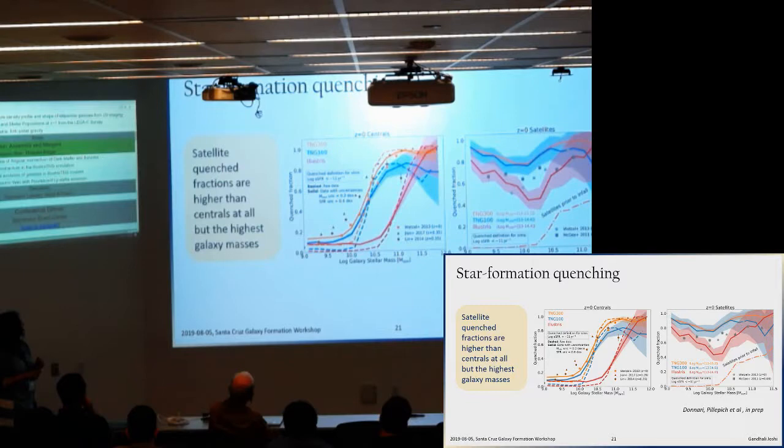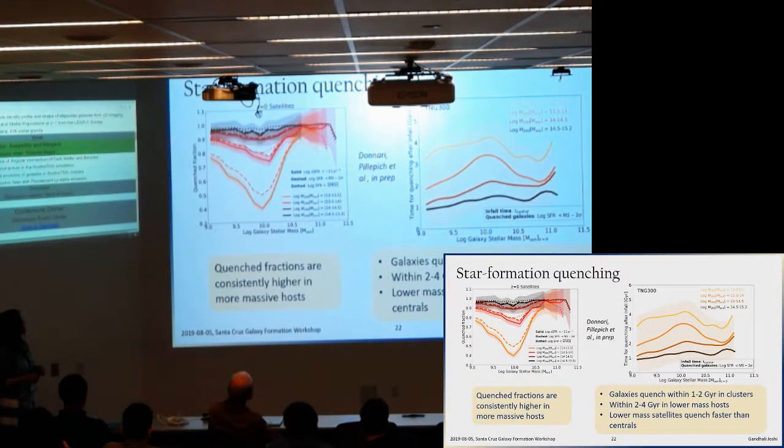This is the quench fraction of the centrals, and you can see the big improvement between the original Illustris and now IllustrisTNG, where the quench fractions are fairly high at the higher mass end and fairly low at the low mass end, and in good agreement with observational data. Similarly with satellites, where you have very high quench fractions, much higher than the centrals at pretty much all stellar masses except the most massive galaxies.